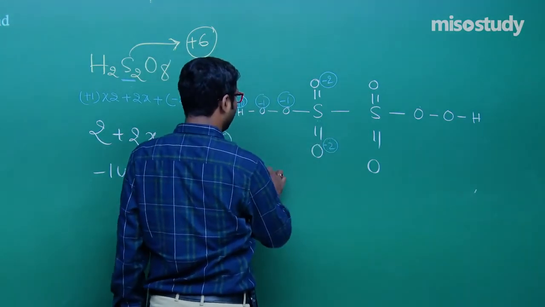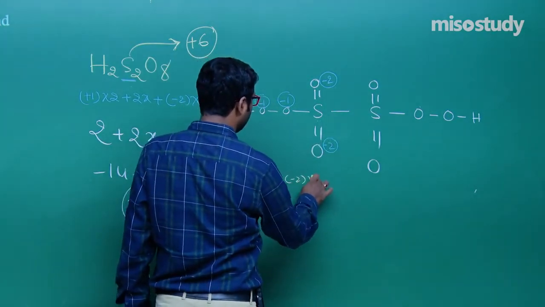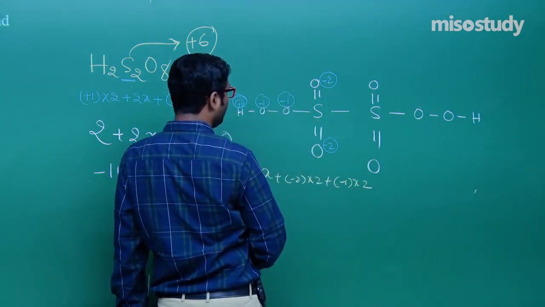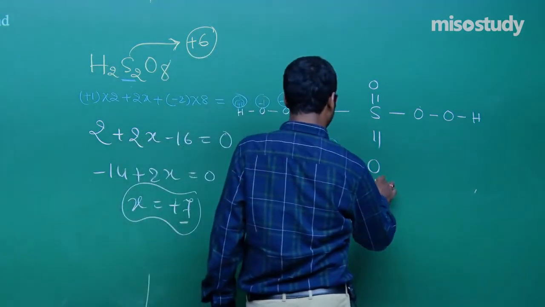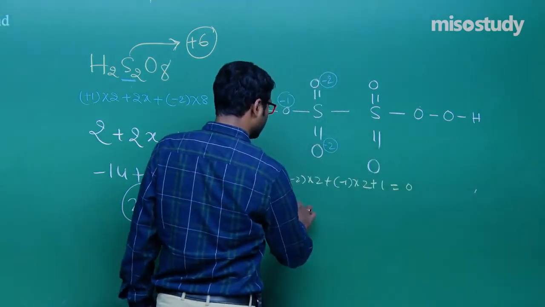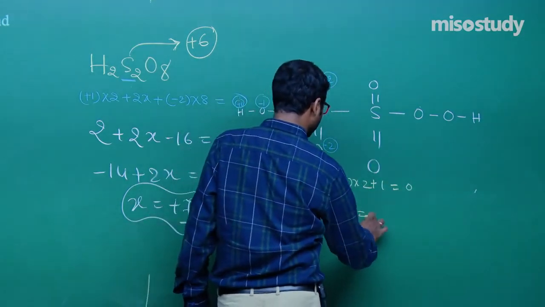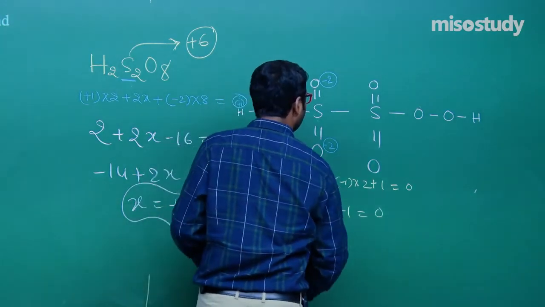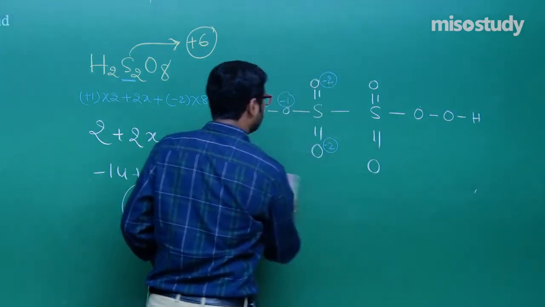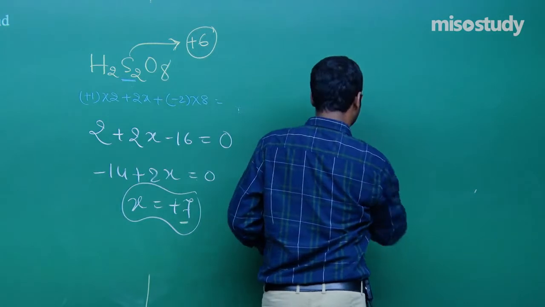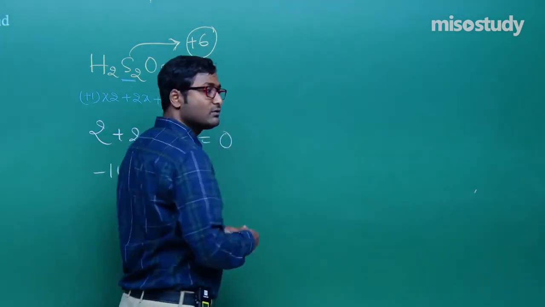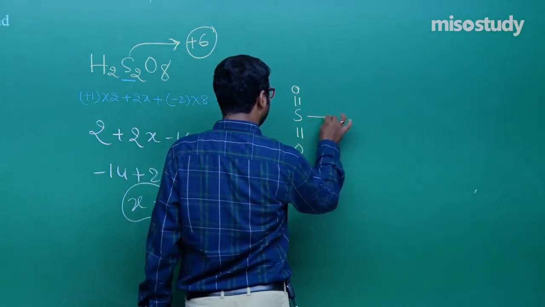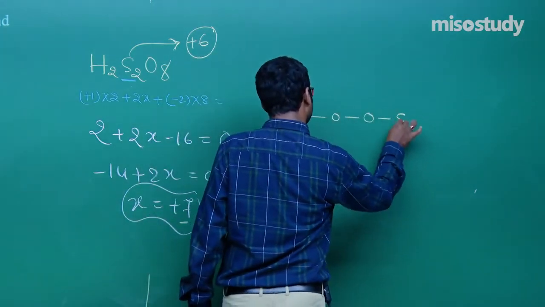Sulfur is x, minus 2 into 2, that is minus 1 into 2, and plus 1 is equal to 0. x minus 4 minus 2 plus 1 is equal to 0. x minus 5, no, not like this. This one is not a structure. Check it once again. If I write like this, is there a possibility of such linkage?